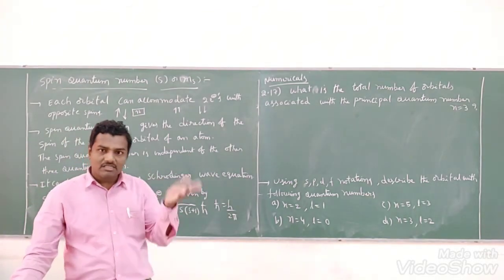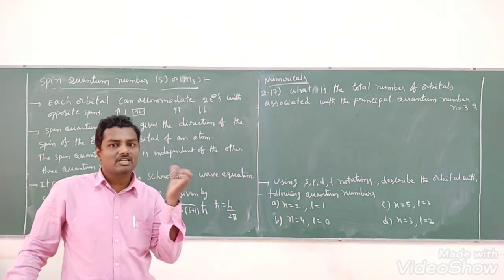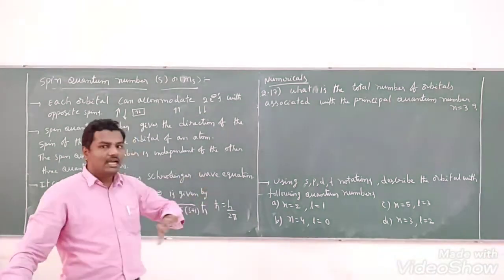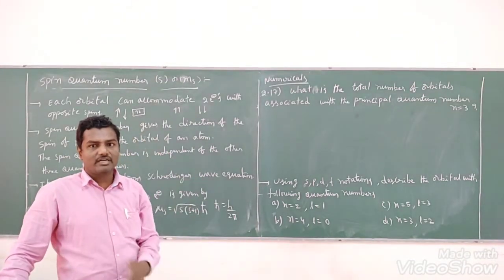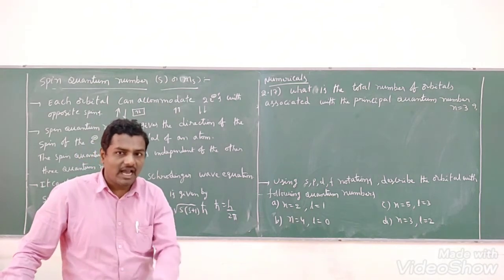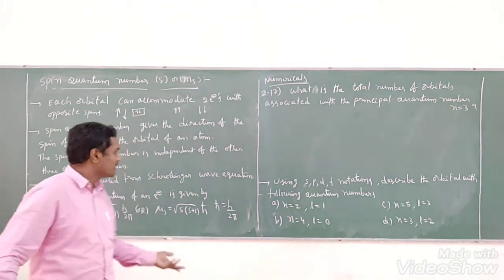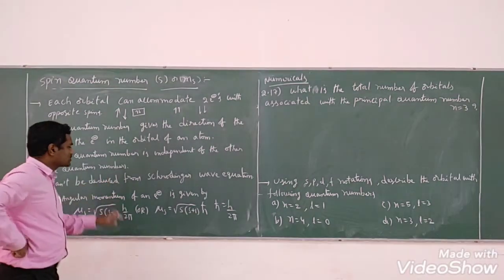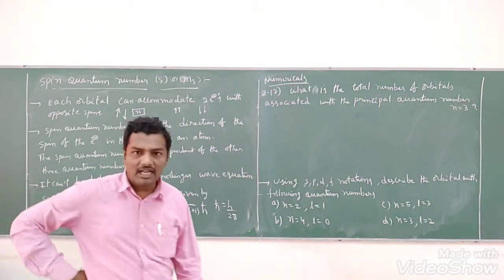The three quantum numbers are interrelated, but spin quantum number is not interrelated with those three. It only tells how the electron is spinning around its own axis, whether in clockwise direction or in an anti-clockwise direction. So that's why it will not depend on other three quantum numbers, students. So it is also not deduced from Schrodinger wave equation.